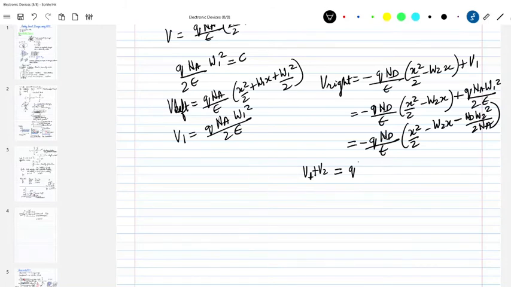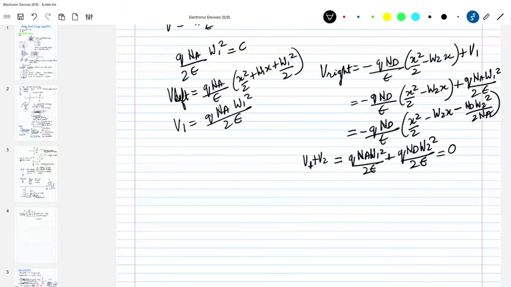That will be q N_A W1 square by twice of epsilon plus q N_D W2 square by twice of epsilon. So that is going to be equal to phi 0.